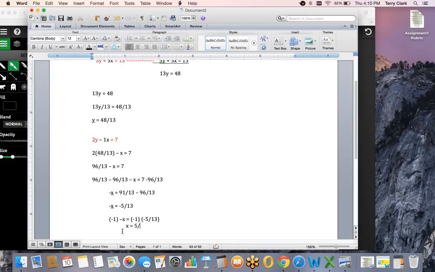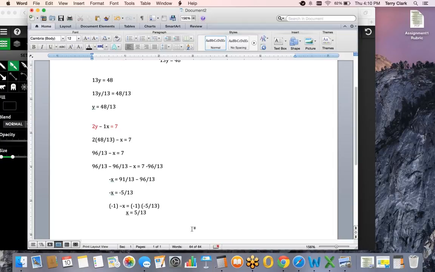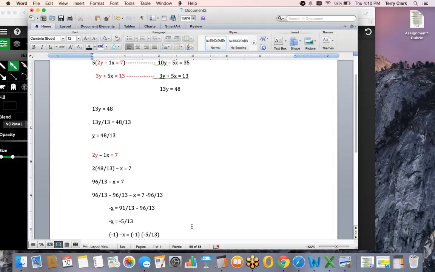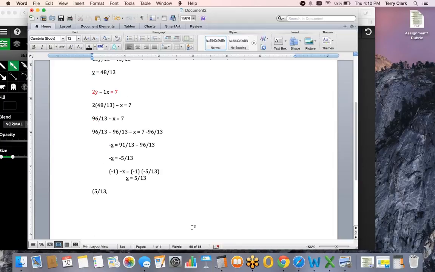So our final answer, and this was like swimming in fractions when we finish. So the final answer is going to be, x is going to be 5 over 13, and y is going to be 48 over 13. Okay, so that's your final answer.